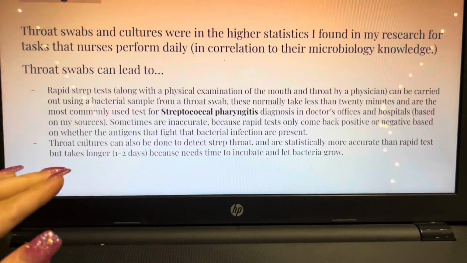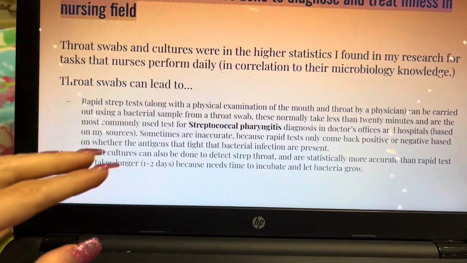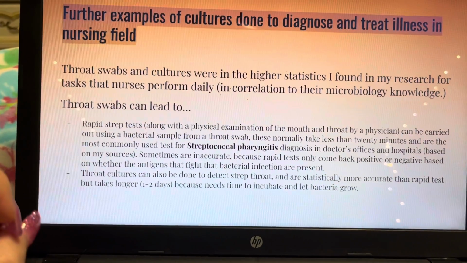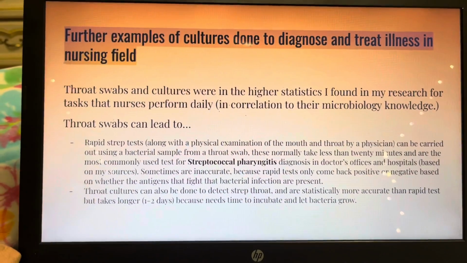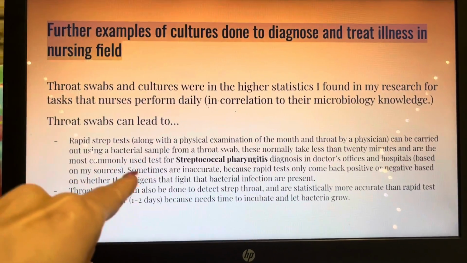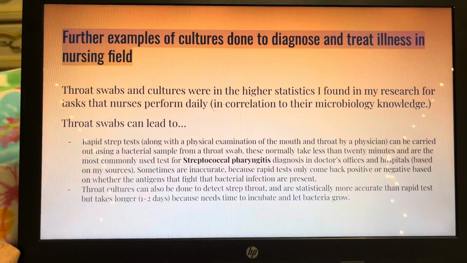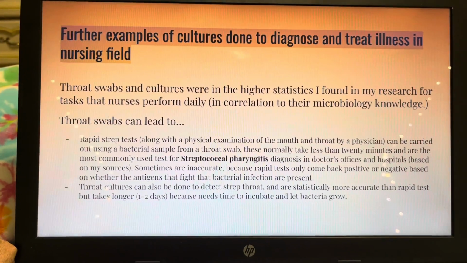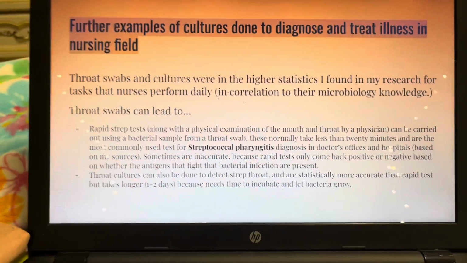Throat cultures take longer, and they're actually showing the growth of it in a petri dish, whereas this is just testing for the antigens that fight against that bacterial infection. I found that interesting, because I didn't know that about rapid tests as well as I understand it now.